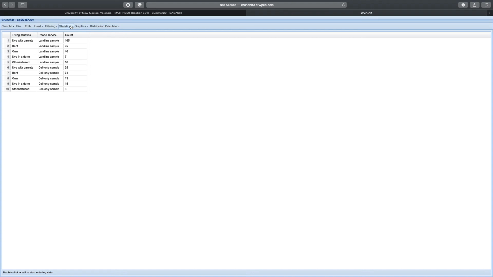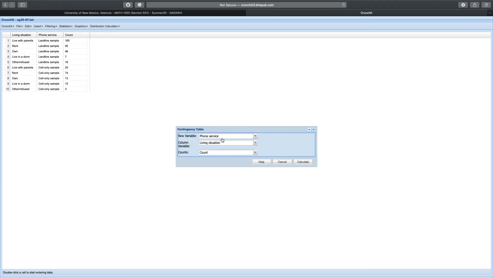We are going to go to Statistics, Contingency Table with Count. We are going to use phone service as a row variable and living situation as a column variable. So how am I choosing this?